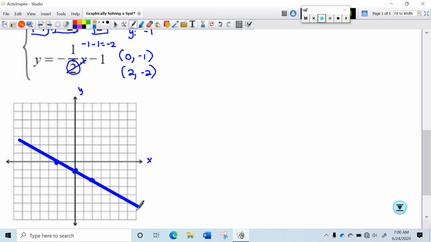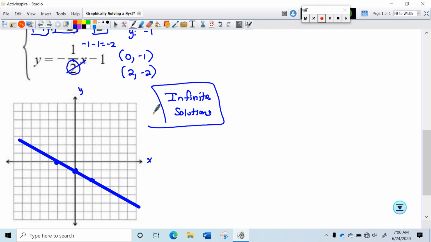I'm going to say that's the same line. So remember, if it's the same line, it's infinite. I didn't show you an example, but if you happen to graph two lines and they never touch, that would be no solution. If they never touch, it's no solution.